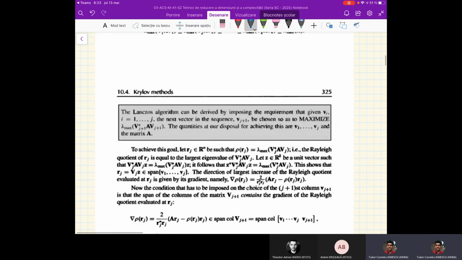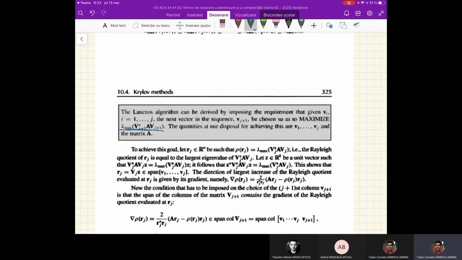So an algorithm such as the Lanczos procedure can be derived by imposing the requirement that for that given vi, the next vector in the sequence vj plus 1 is chosen to maximize the eigenvalue like this.